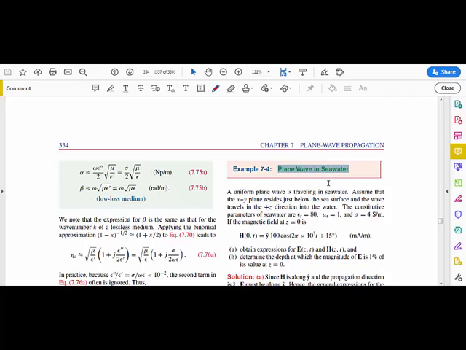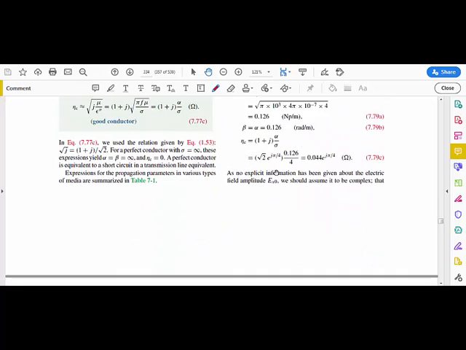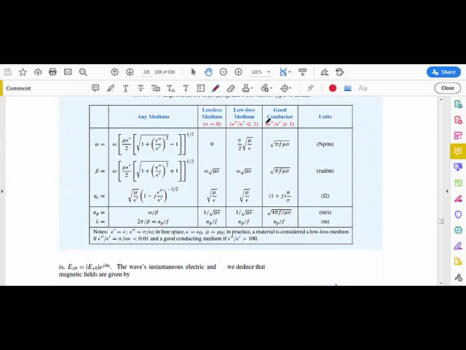Okay, when we need to test plane wave electromagnetic propagation in any material, first we need to test the type of this material, and previously we mentioned how we do that by calculating the ratio epsilon double prime over epsilon prime, which is equal to the conductivity over the angular frequency multiplied by epsilon.